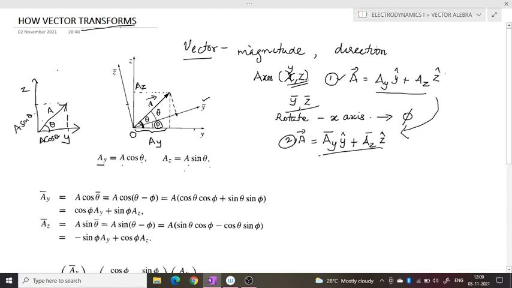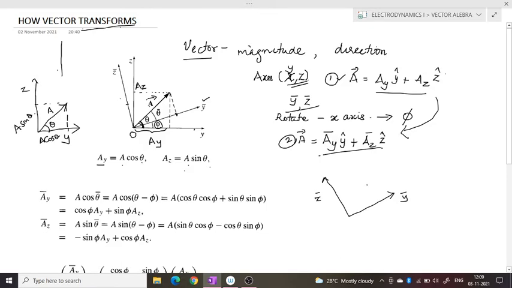Okay. Now we have transformed our axis yz into y dash and z dash. So our new coordinates are not like this. I will draw it here. It is like this. This is our new set of axes. It is y dash. This is z dash.